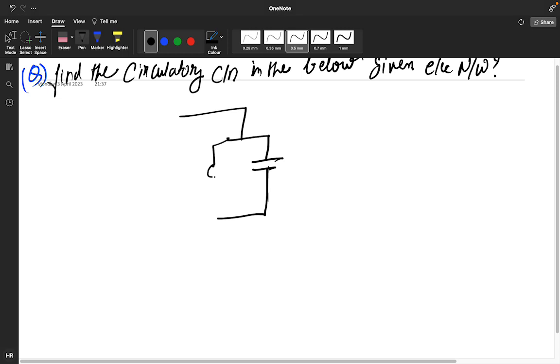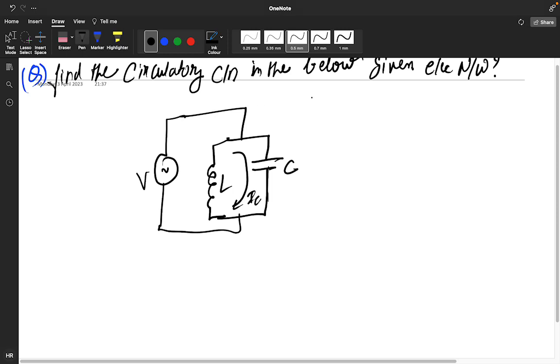This is L, this is C, and you need to find this I circulatory current, and here you are getting the voltage V. So guys, what will be the value of this is V, that means this is V. So what will be the current in this IXL current?